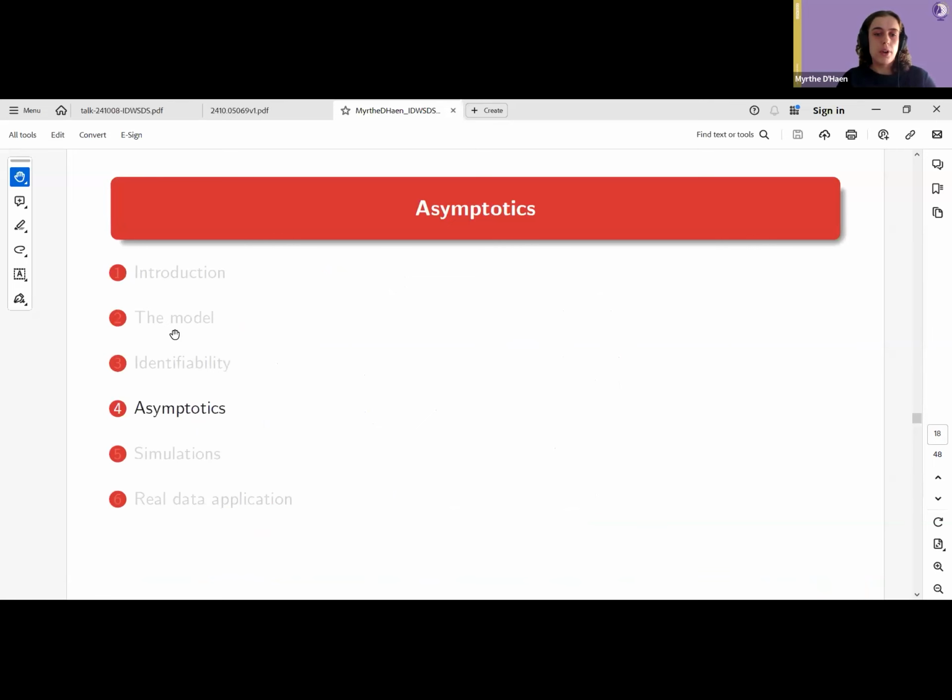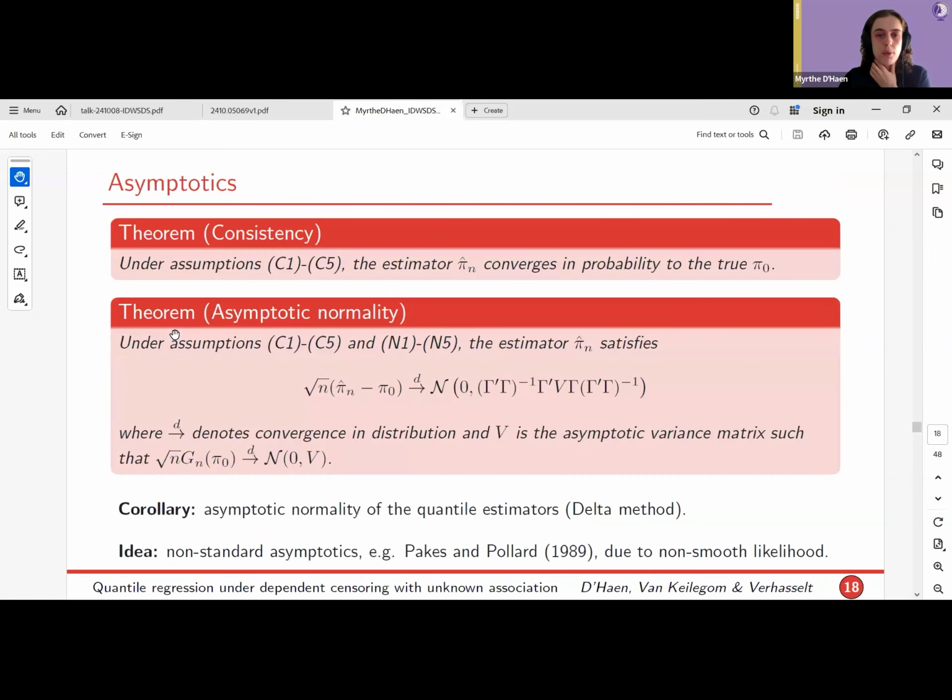I will now say just a few words about the asymptotics. So under some extra regularity conditions, you can show that our estimator is consistent and asymptotically normal. This is on the level of the parameters, but actually using the delta method and using one mild extra assumption, you can also transfer this asymptotic normality to that of the quantile estimates.